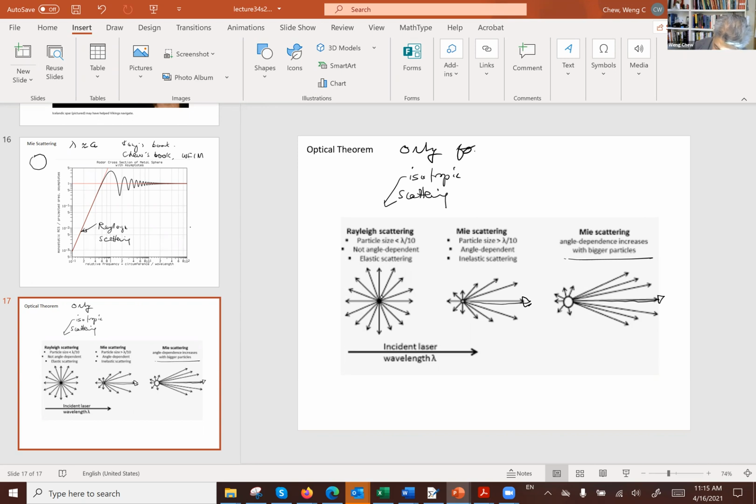Only forward scattering is needed to know the total scattering cross-section.